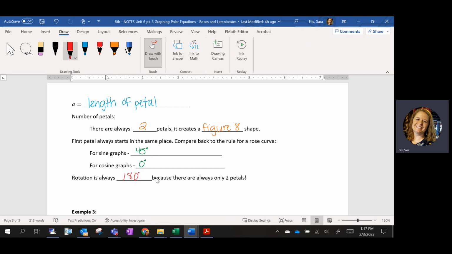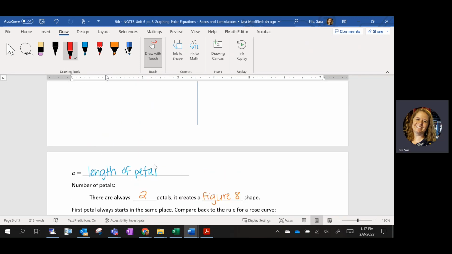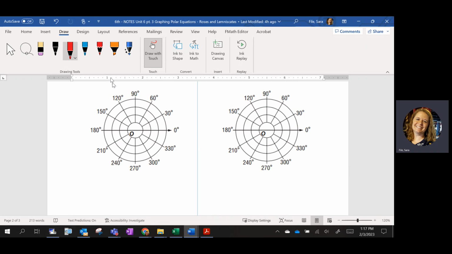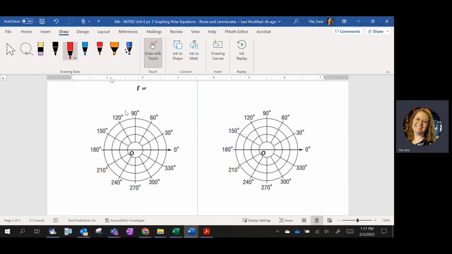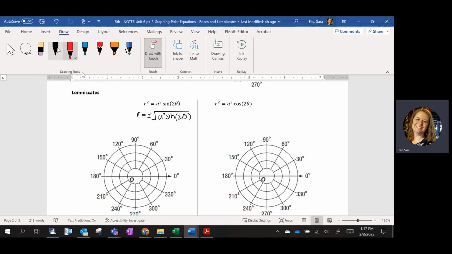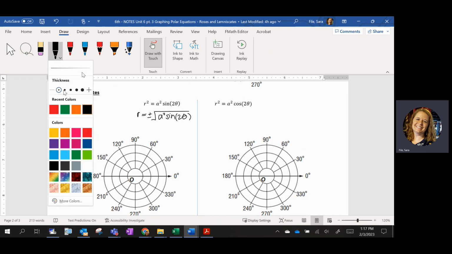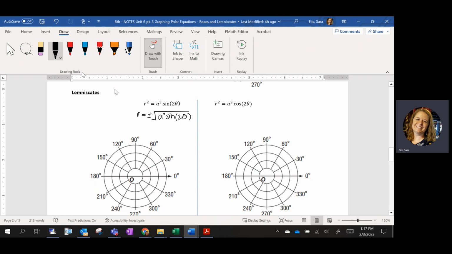Does that make sense? So I'm going to sketch back up here on these grids. I'm going to sketch a cosine and a sine one, but they don't give us a specific problem here. So we can pick how long we want the petals to be. We'll just make it fit in this grid. So I'll just use 3. Oh, hold on. This first one is sine. So it needs to be at 45. Then in the opposite direction there. Okay, so you just make a figure 8.